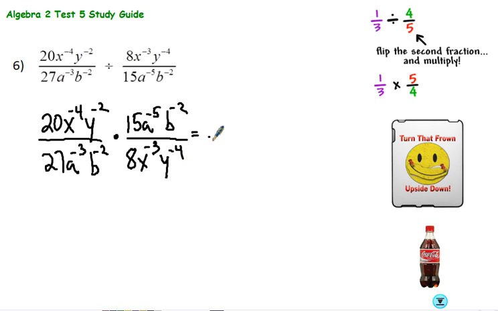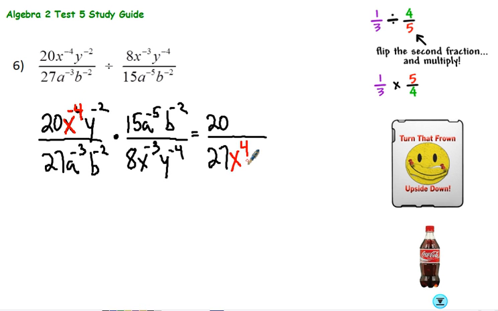Now what I want to do is turn some frowns upside down. The numbers will stay the same, and we'll get to canceling the numbers in a second. You got 20 over 27. Let's take a look at x to the negative 4, for instance. Maybe I'll color code this one so you can see that a little better.